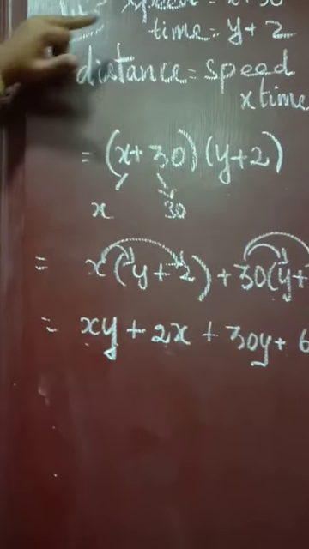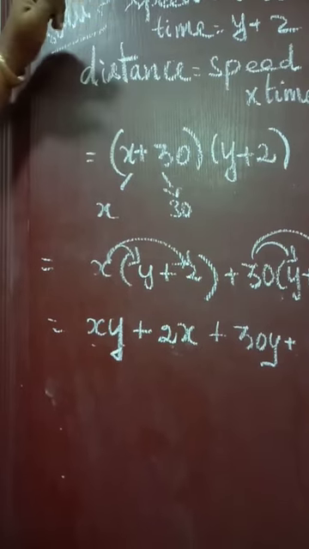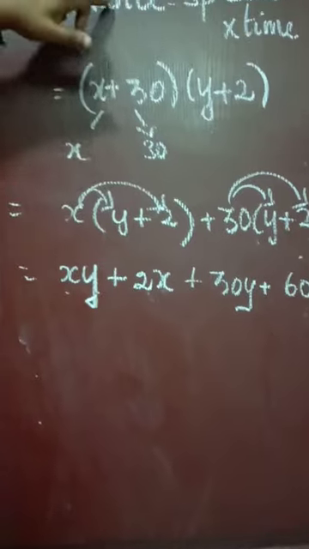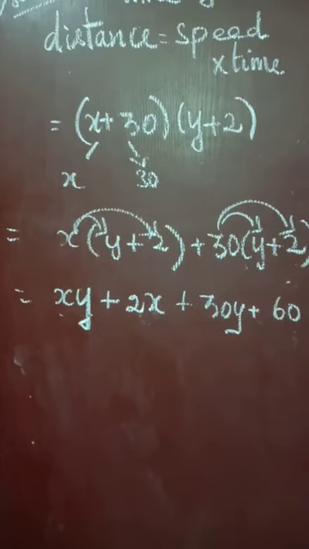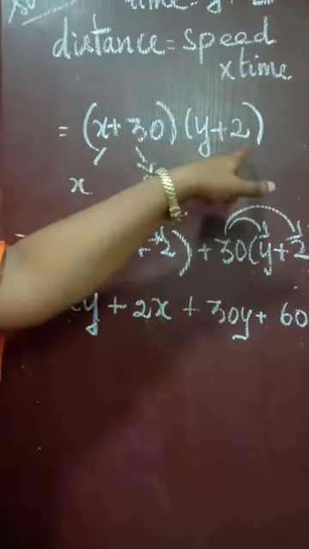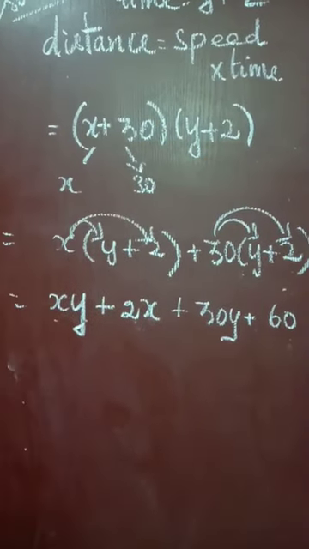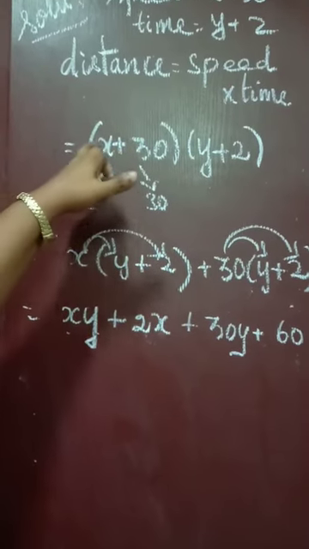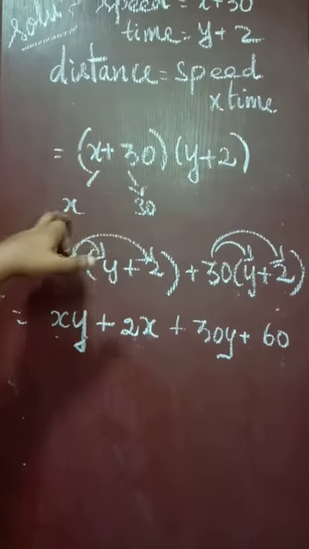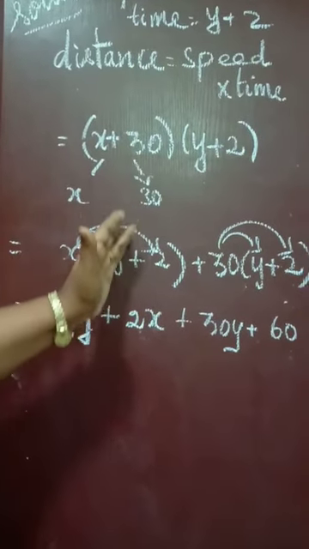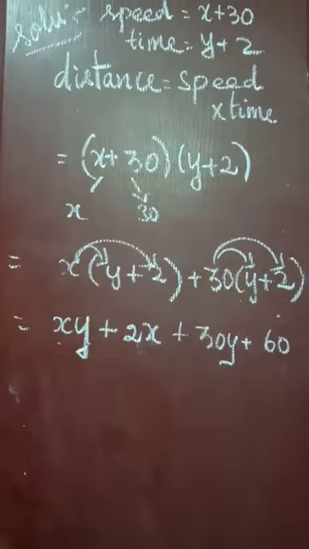Listen. Speed is given, time is given. Find the value of distance covered by the car. Distance equals speed into time. Speed is x plus 30, time is y plus 2. We are going to multiply these two brackets. First bracket you have to split into two terms, x and 30. x multiplies with the second bracket and 30 multiplies with the second bracket.